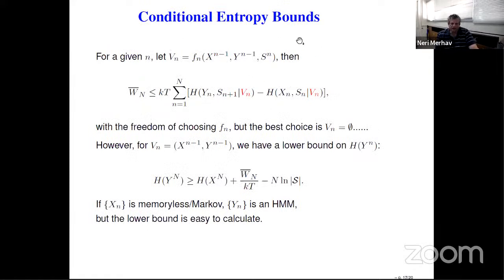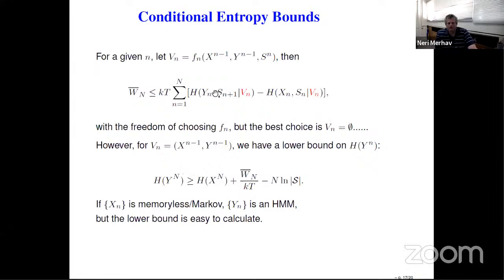A word about conditional entropy bounds. It turns out that if I define any function of the past, which includes the past inputs, the past outputs, and the past states, then I can write an inequality of entropy production, or conditional entropies. But it is quite disappointing that the best choice of this Vn, or the function Fn, is simply null, namely conditioning on nothing, which leads us back to the basic result.